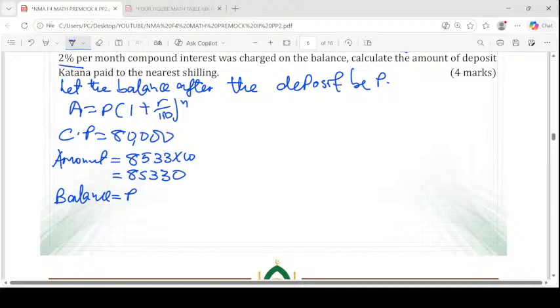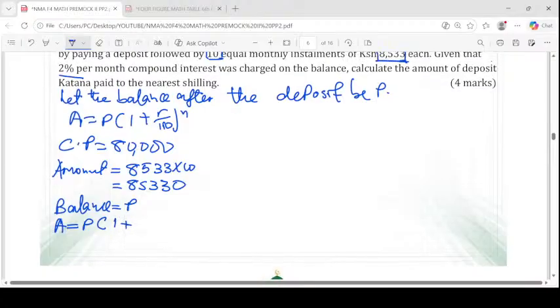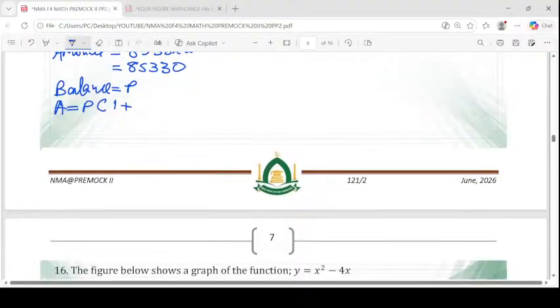Applying this formula, that amount is given by the principal, the remaining balance, which we've said to be P, into 1 plus 2 over 100 to the power n, which is 10.